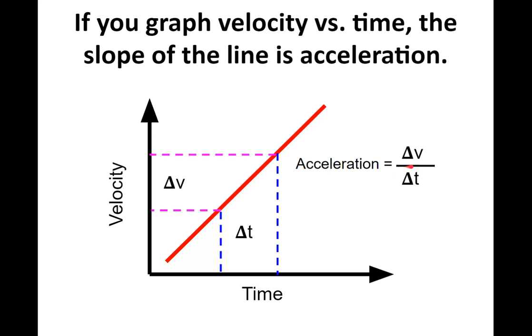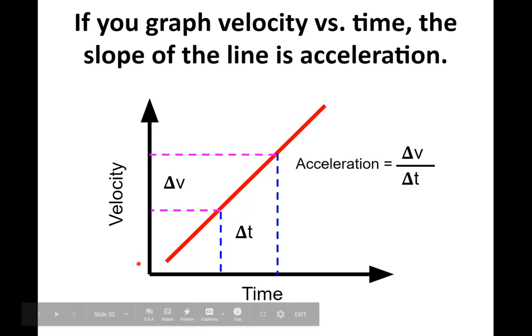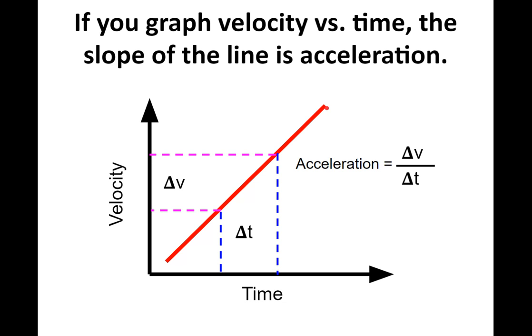Over change in time. So change of velocity over change in time. That looks a lot like change in y over change in t, or rise over run. So the slope of that line of velocity versus time for any object, that's going to be its acceleration at that time. Okay, cool, right? That's what graphs are for, is to make math easy and accessible in a different way.